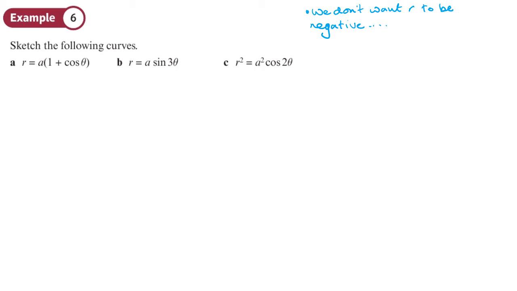So when we do our tables, we are going to ignore any values where r is negative, and we won't plot those. We'll just leave those out.